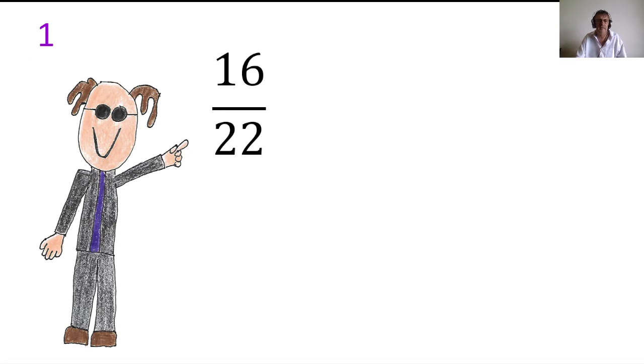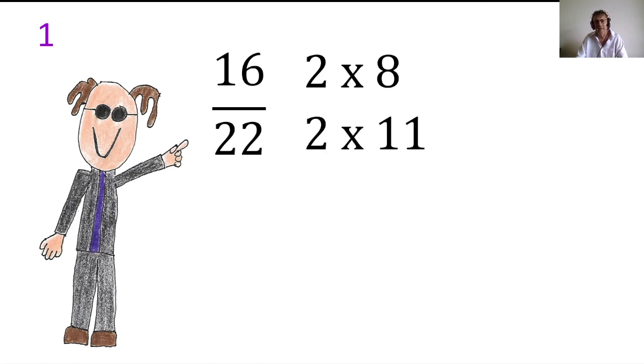Okay, so let's go through the process. First of all, then we need to factor 16 and 22 to their prime factors. So 16, we've got 2 times 8, and 22, we've got 2 times 11. We have 2 common factors, 2 and 2, so we cancel them out.